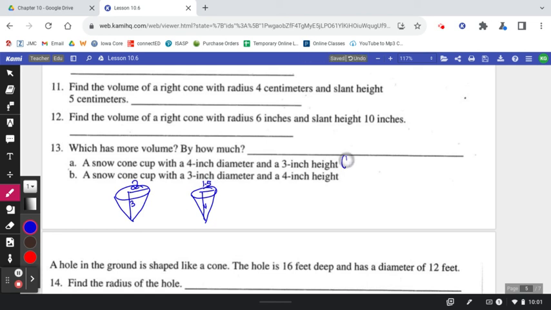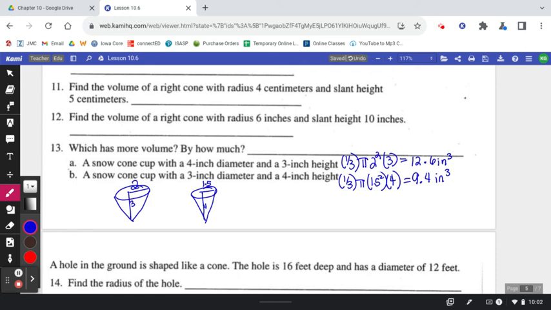So for volume, I'm going to do 1/3 the base area, so pi radius squared times the height. 1/3 pi radius squared times the height gives me 12.6 inches cubed, and 1/3 pi radius squared times height, 9.4 inches cubed.